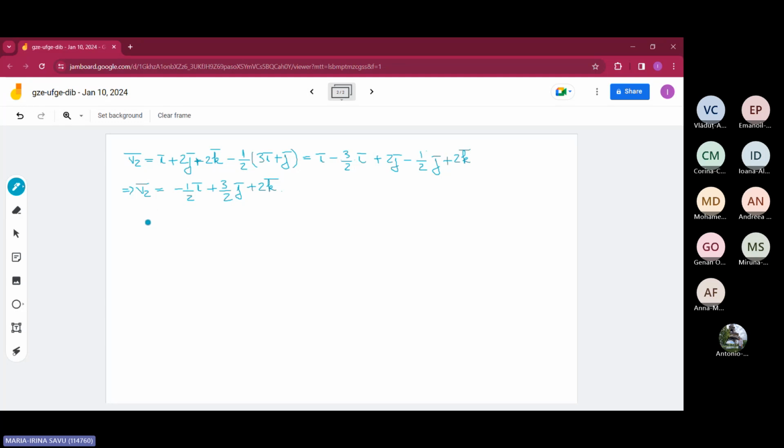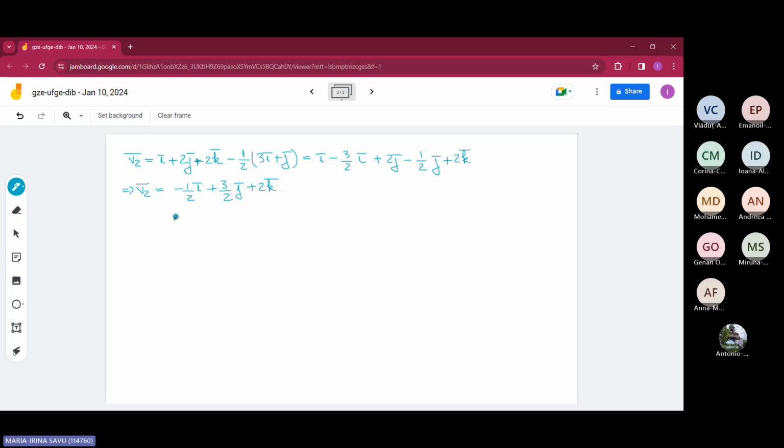And this is V2, but I told you that when you have fractions, the best way to continue computations is to consider a vector which is multiplied with a constant, such that in the end you won't have fractions.